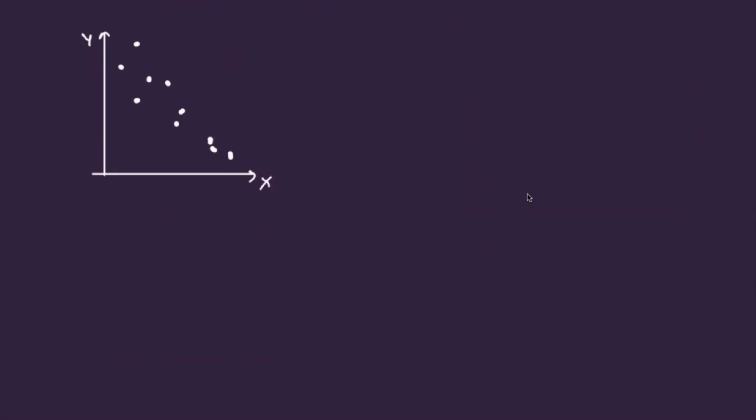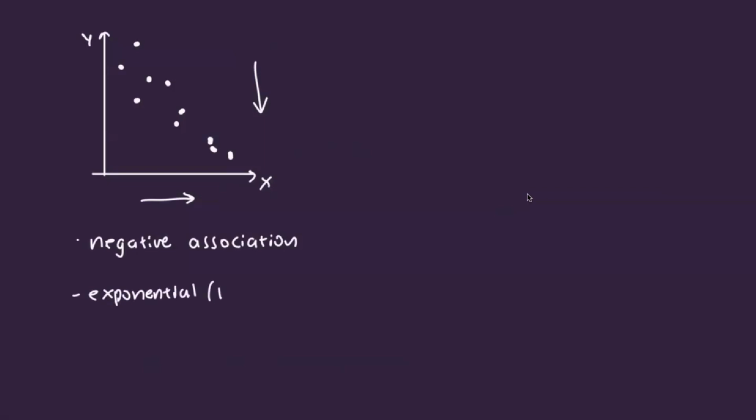This shows that as x increases over time, y decreases. This is called a negative association, and both exponential and linear decay belong in this category.